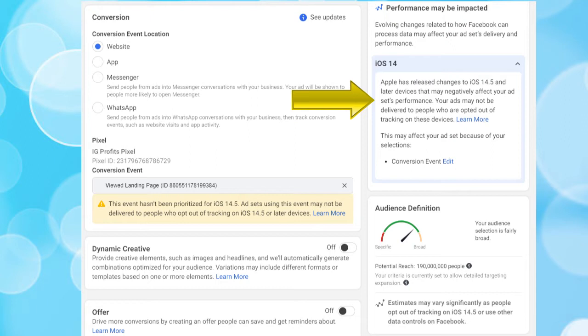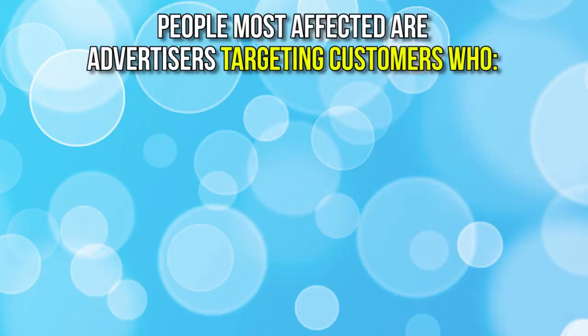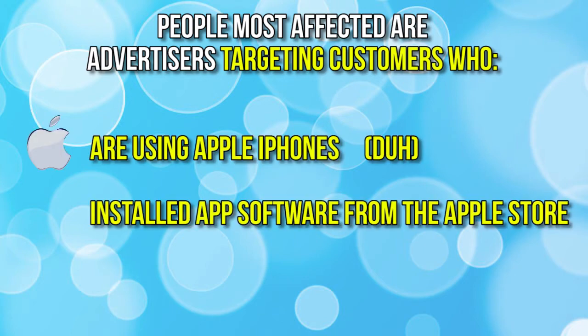After speaking with many different Facebook ads specialists currently working on this problem, here is the information I gathered. The people who are most affected by this Apple update are advertisers targeting customers who are using Apple iPhones, and advertisers targeting customers who installed app software from the Apple Store.